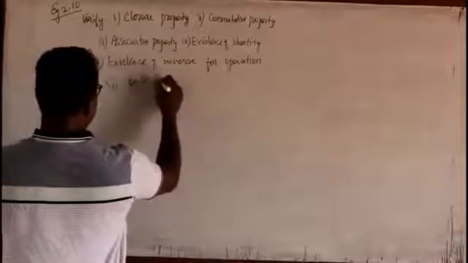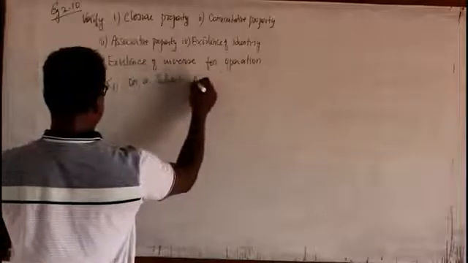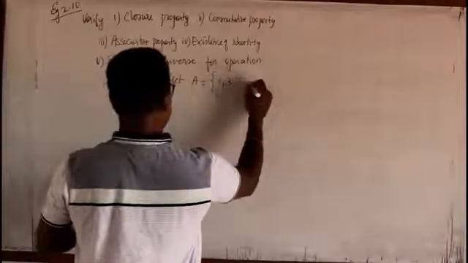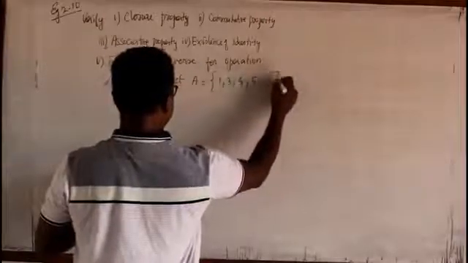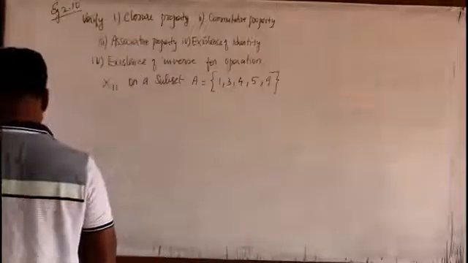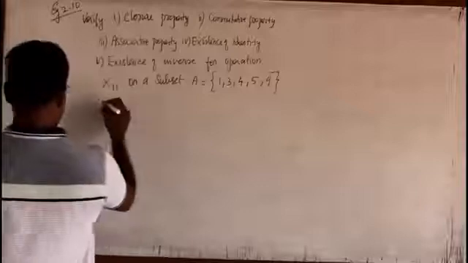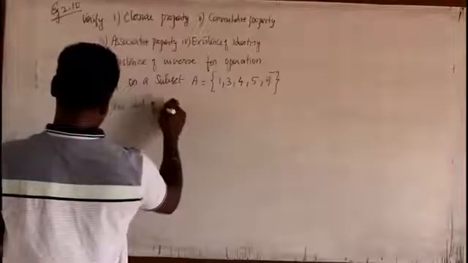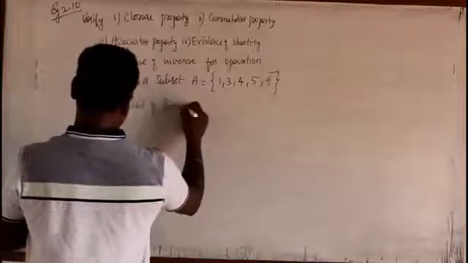On a subset, they have taken a special set: 1, 3, 4, 5, 9. Only these elements they have taken, and they are verifying it. Of the set of remainders, they have taken a subset.